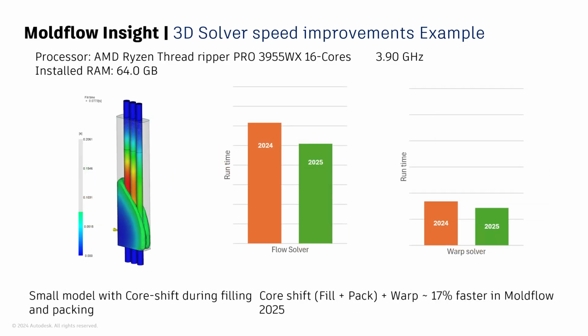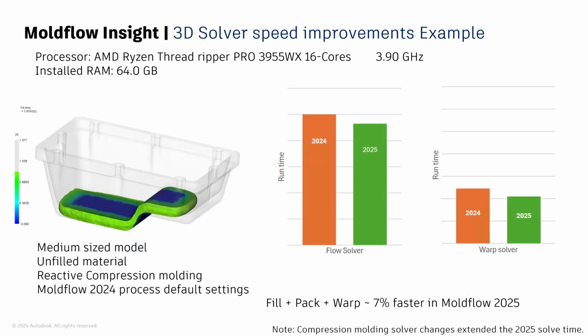Same for the core shift analysis, you will see a 17% faster improvement in the speed, and also in the injection compression or compression molding, where a 7% faster improvement is seen with the release of Moldflow 2025.